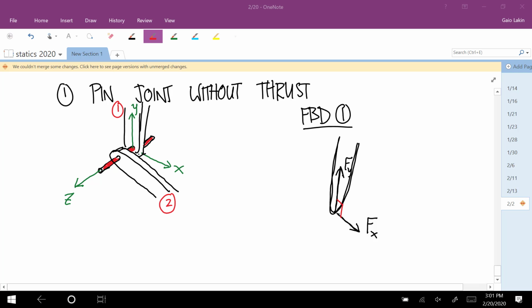And now what about the couples? Well, we said that there was a couple preventing it from rotating about x. So I'll call that a couple component mx. And there was a couple preventing it from rotating about y. So there'll be an my. Okay. When don't you need the couples?